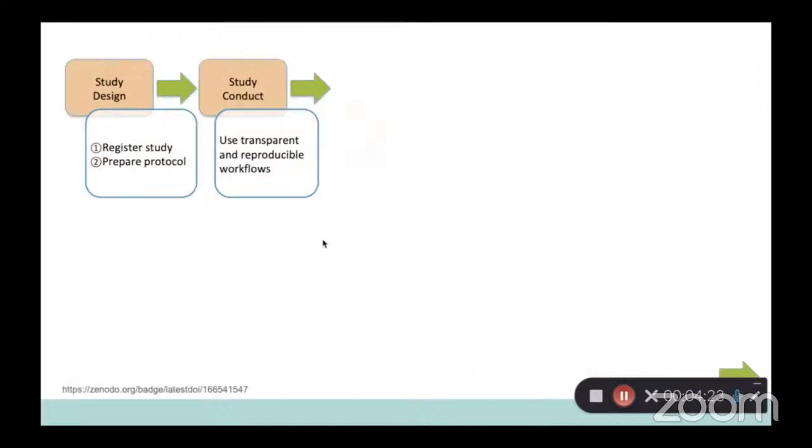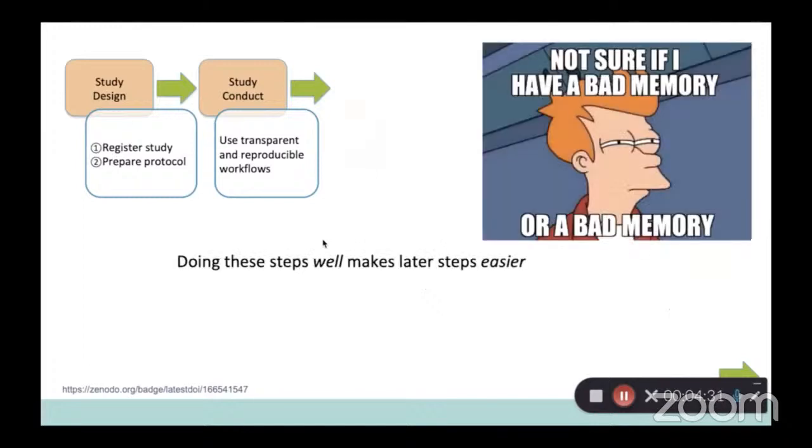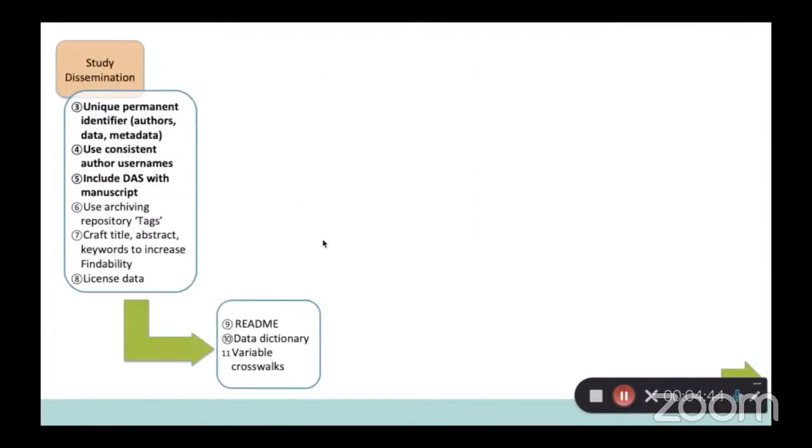So just as a brief introduction, it's really important at the initial study design and study conduct phase to use transparent and reproducible workflows, because doing all of these steps well will make the later steps of producing synthesis-ready research much, much easier. When it comes to study dissemination, we have 6 primary tips for ways to help make your research more findable.